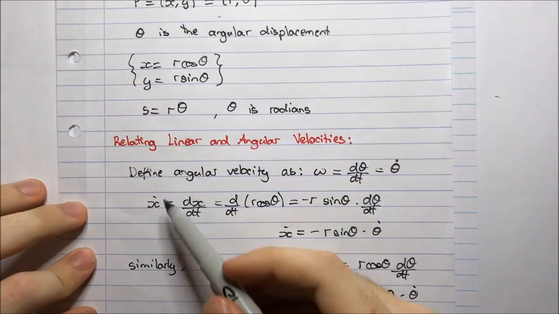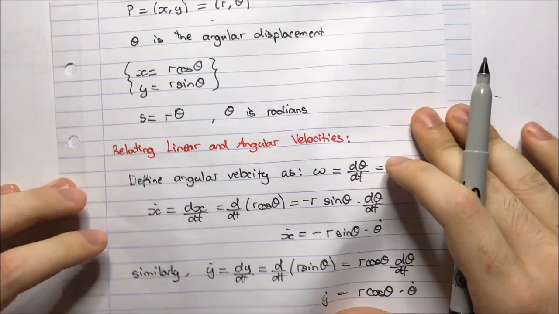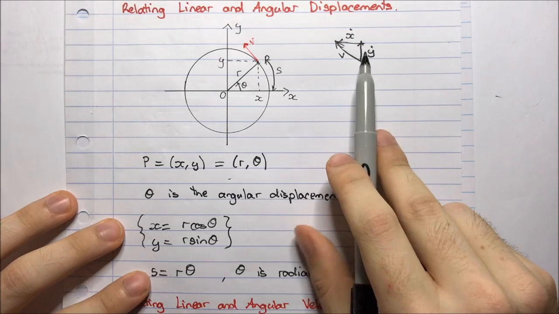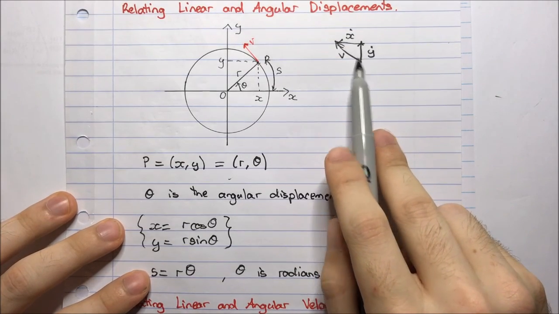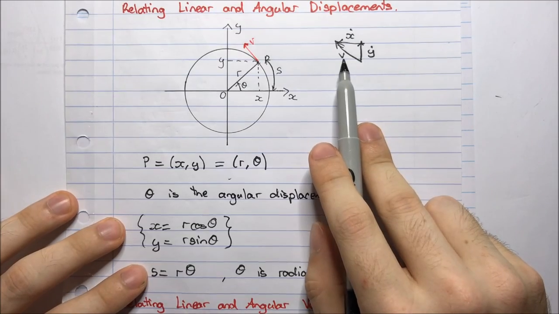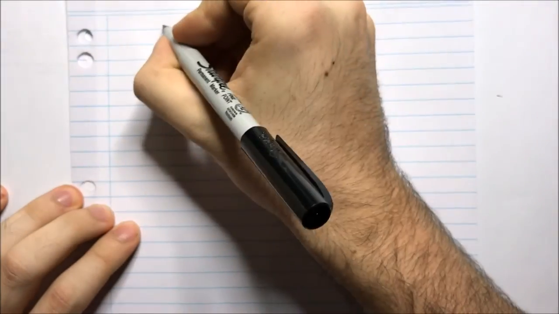Okay, so now that we have these expressions for x dot and y dot, we're going to go to our triangle that we have up here, and we can see that this is a right-angled triangle, and so I can apply Pythagoras' theorem to find the magnitude of v. So to do that, it's very simple.